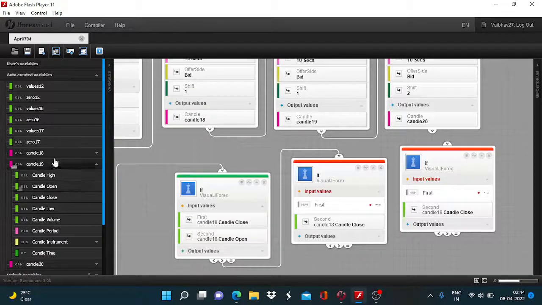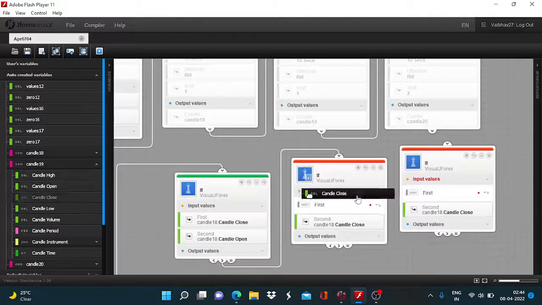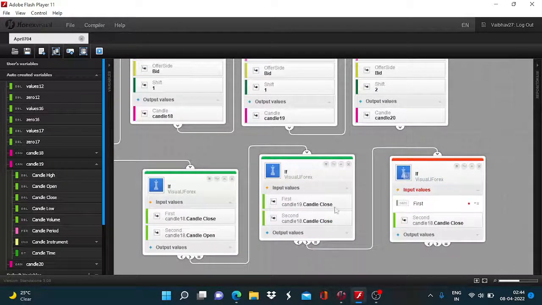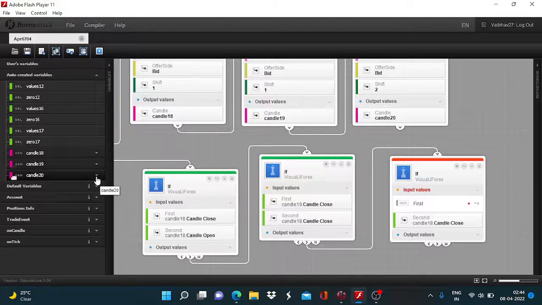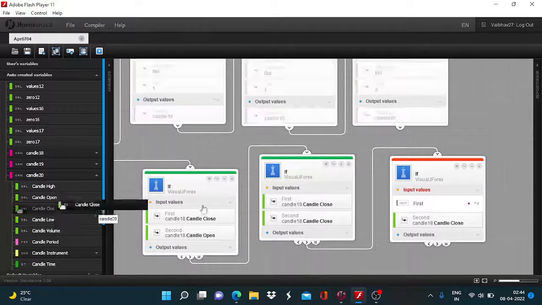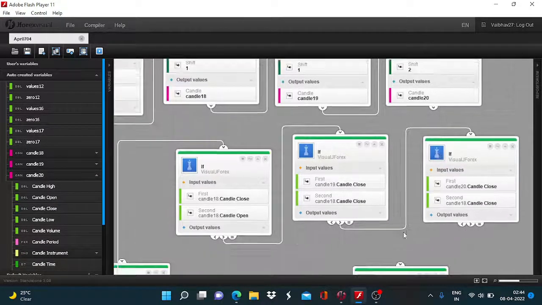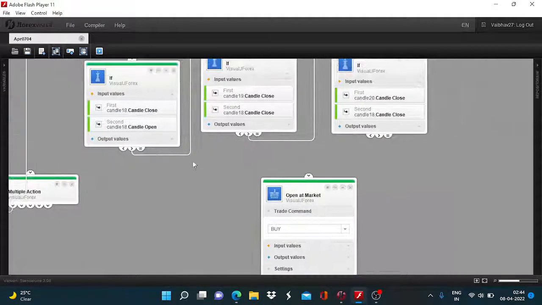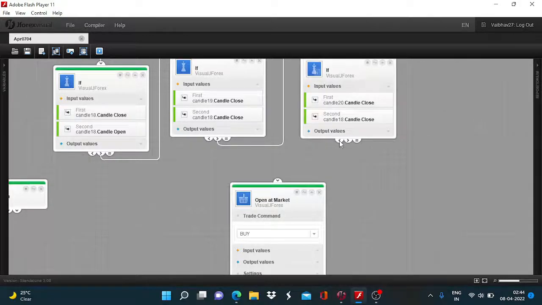And we now have to consider candle 19 candle close, first input greater than second input. First input less than second input. Okay.